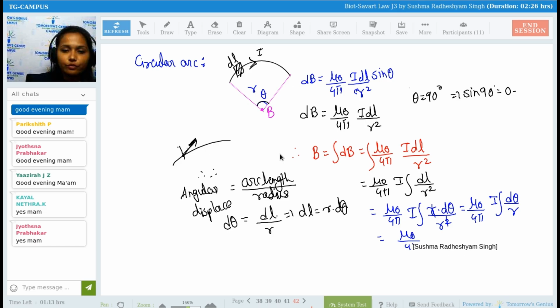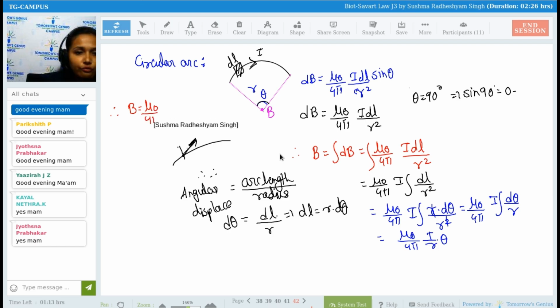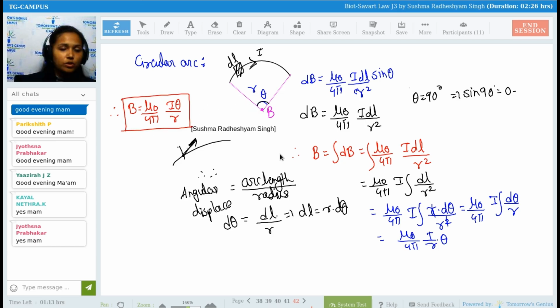So we get mu naught over 4 pi, I upon r into theta. So from there we simply get the final value, B is equal to mu naught over 4 pi, I theta over r. This is your magnetic field due to any circular arc.